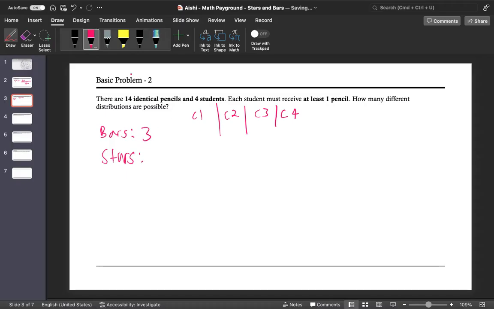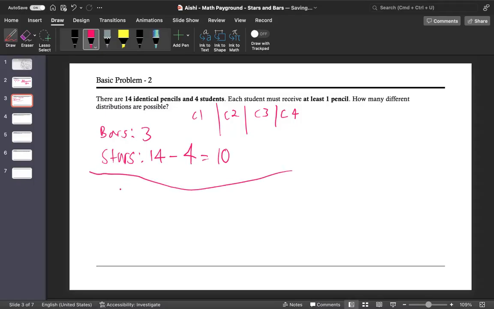There won't be 14 because there are 4 students and each student must receive at least 1 pencil. So we will have 14 minus, if each of the 4 students get 1 pencil, then there would be 4 pencils gone. So we would have 10 stars in total.